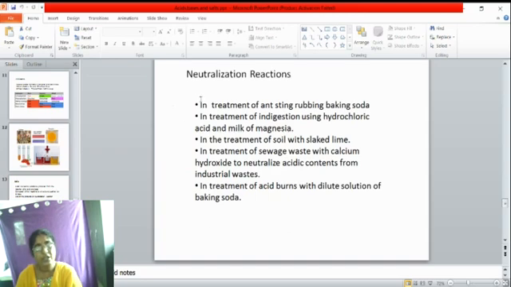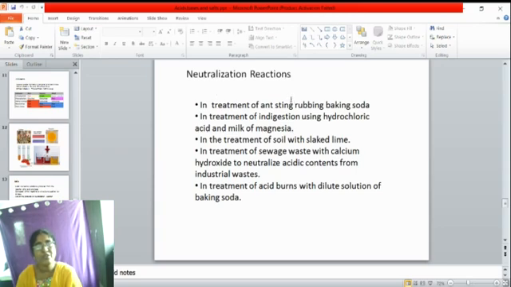Now, a little more about neutralization reactions. These neutralization reactions are those which we come across in our daily life. You might have seen, you might have already used it also. Usually we get this from our grandparents or our parents.